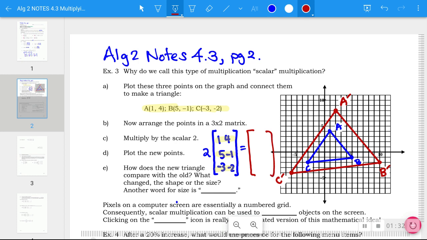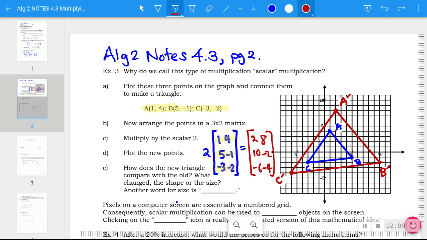You remember last time you just multiply all these numbers by 2, so it's going to be 2, 8, and that's this point up there. 5, negative 1 becomes 10, negative 2, and that's this point B prime, the image of the old point B. And C prime, the image of C, goes to 6, negative 4, and you can see that's that location down there.